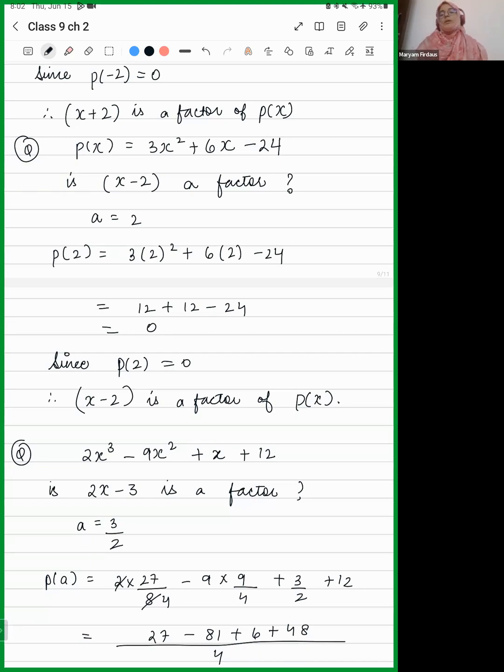After that I kept 3 by 2 as it is, and then plus 12. And then I subtracted 27 from 81.